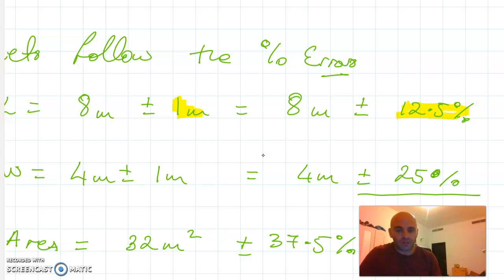Similarly, you take your 4 meters plus or minus 1 meter, so that's 1 over 4, which is 0.25, times 100, which gives us 25%.